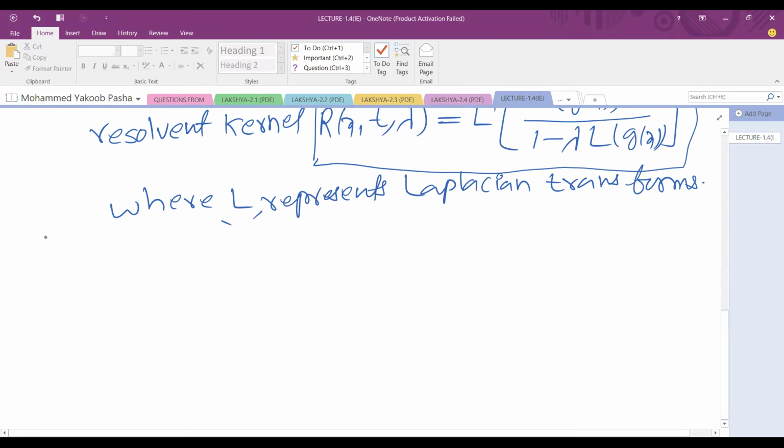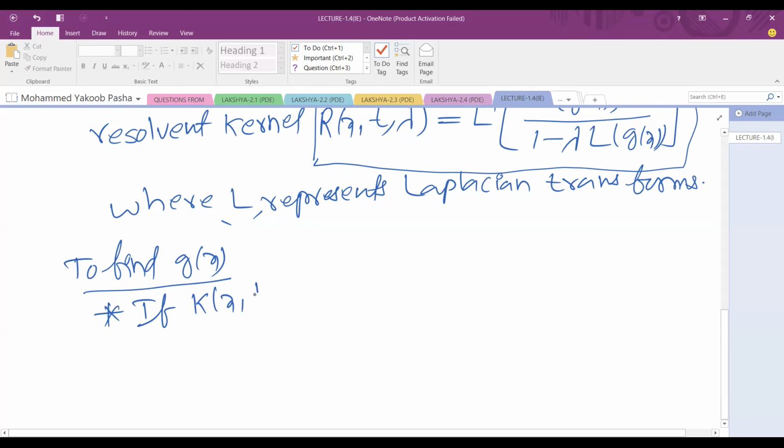First, if k of x comma t is equal to 1, it is in the form of x minus t to the power of 0, so we can simply write g of x is 1.